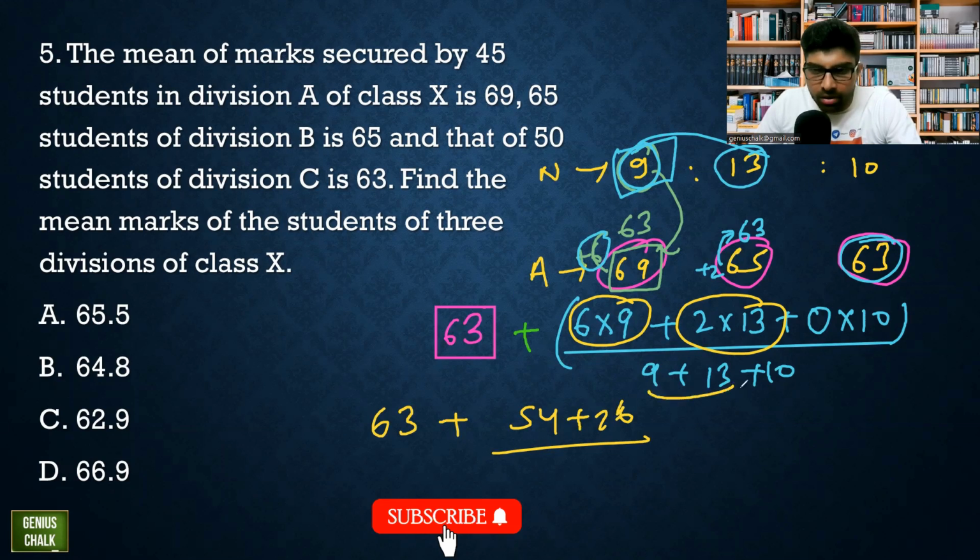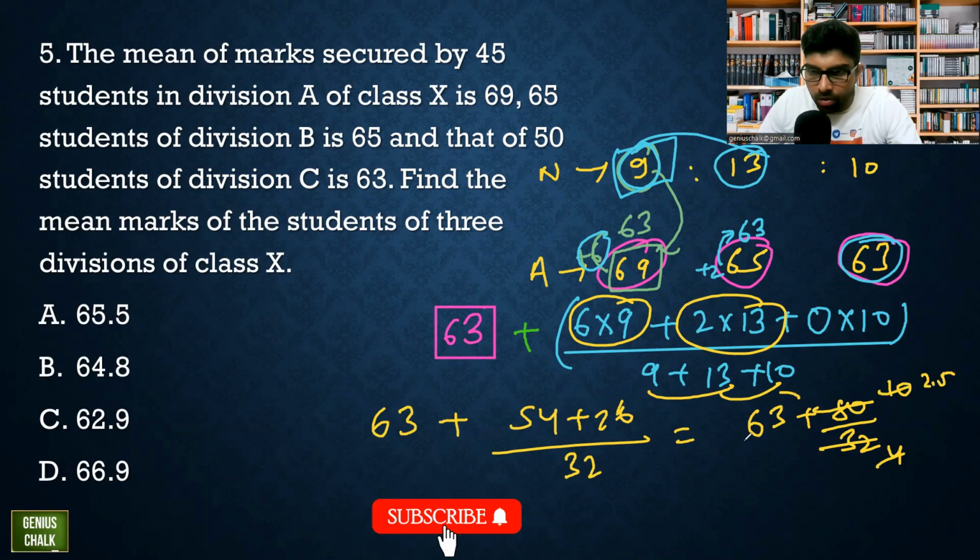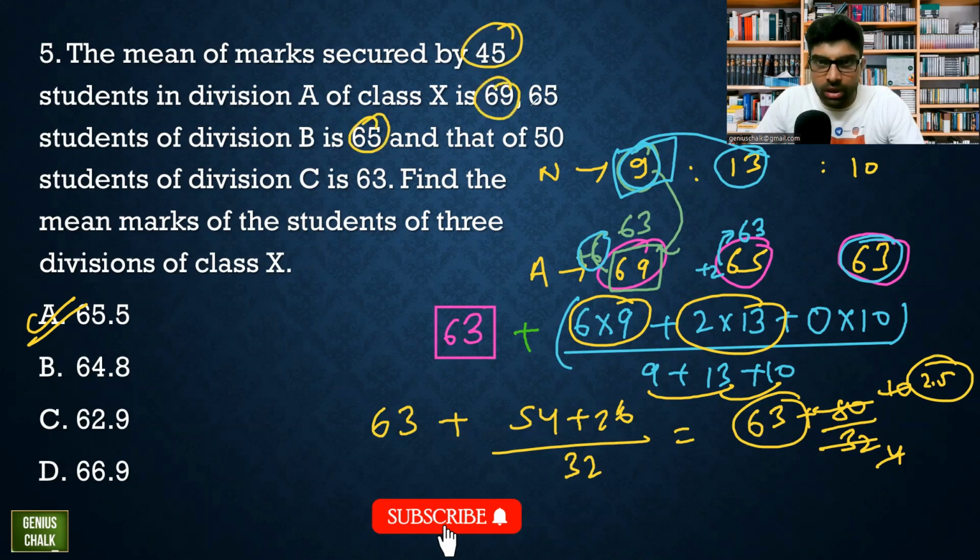And this is 13 plus 9 plus 10, 32. So this is 63 plus 80 by 32. 8 4s are 32, 8 10s are 80, so this is 2.5. So 63 plus 2.5, that is 65.5. So this is the method which you have to use to find the combined average if the data is complex, like in this question, because multiplying will take time. So this method is best.